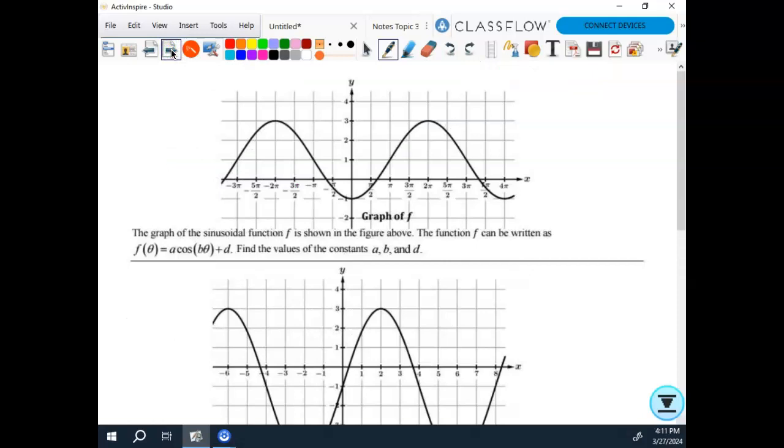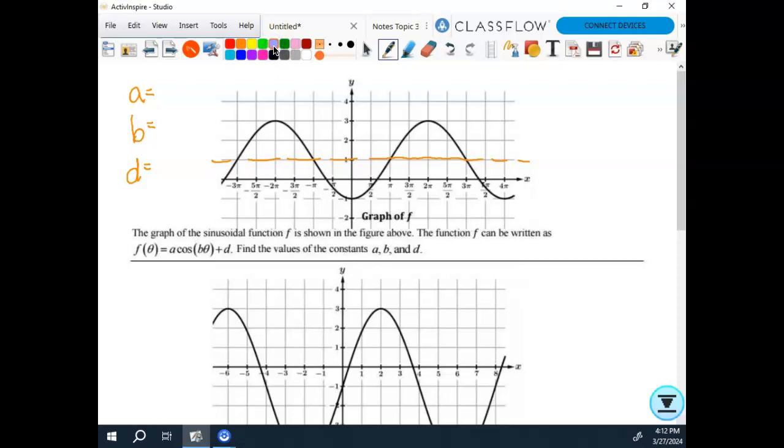All right. We're going to find the values of A, B, and D here. So again, the first thing I'm going to do is sketch in my midline. Okay? And I'm going to need to find A, B, and D. All right.